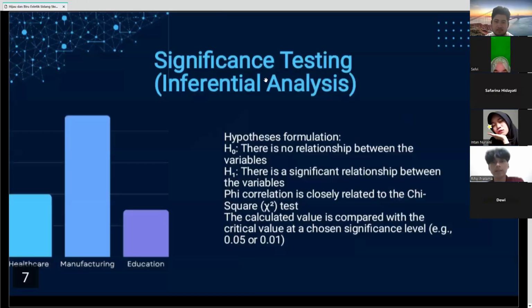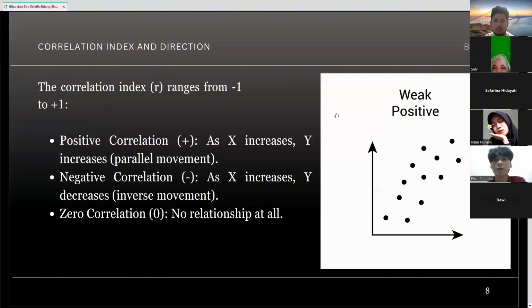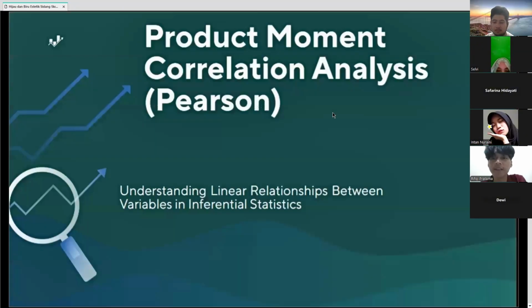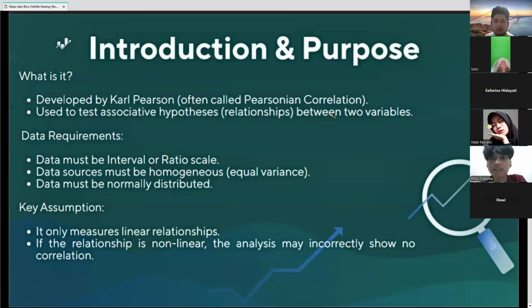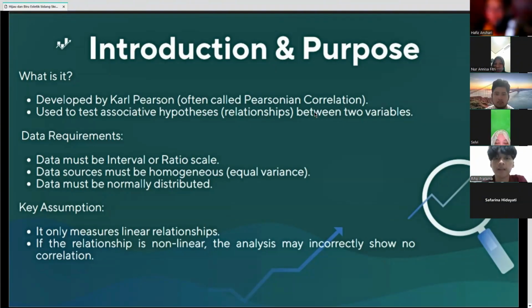Okay, I want to answer Fatan's question. Your question is, why does Pearson correlation only measure linear relationships? The answer is Pearson correlation is designed to measure the strength of a straight-line relationship between two variables.